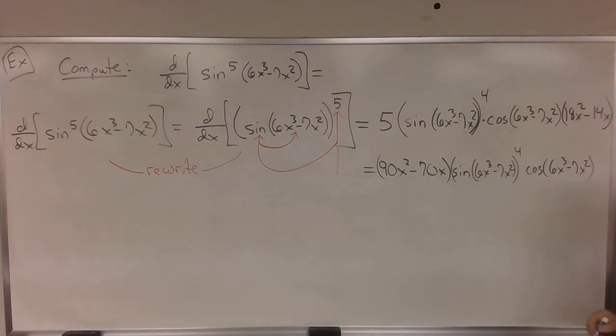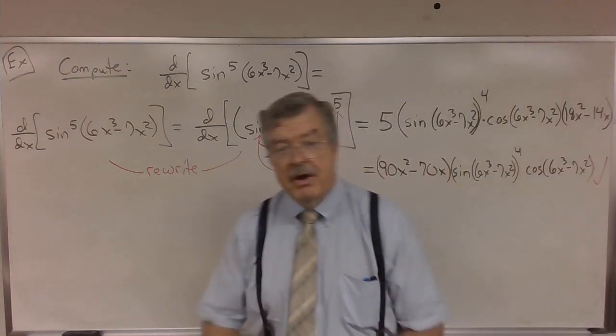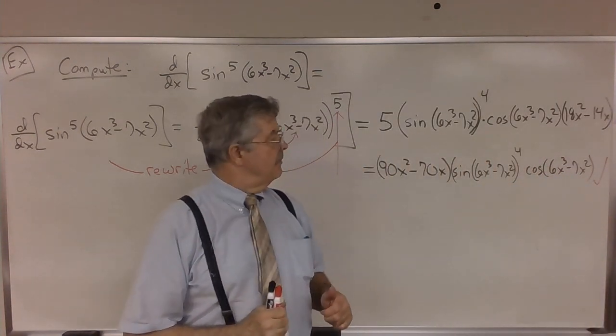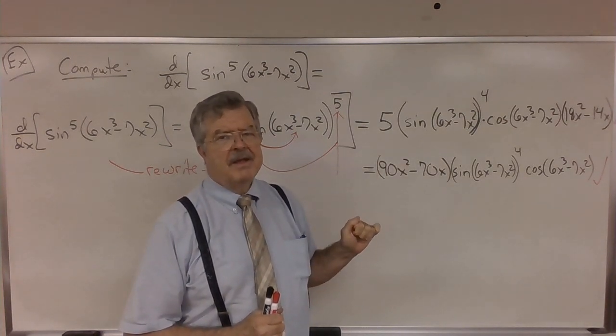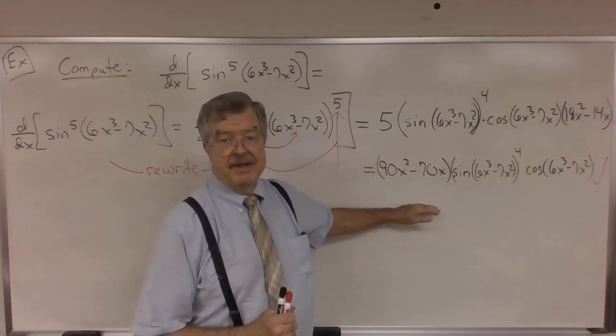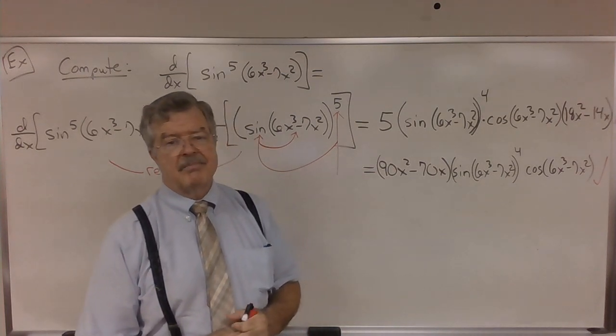If we wanted to simplify things, this is about as much as we could do. On a test, I'd probably stop right here. If I'm doing homework, I'm going to simplify my answer only as much as I have to make sure that it agrees with the answer in the back of the book.